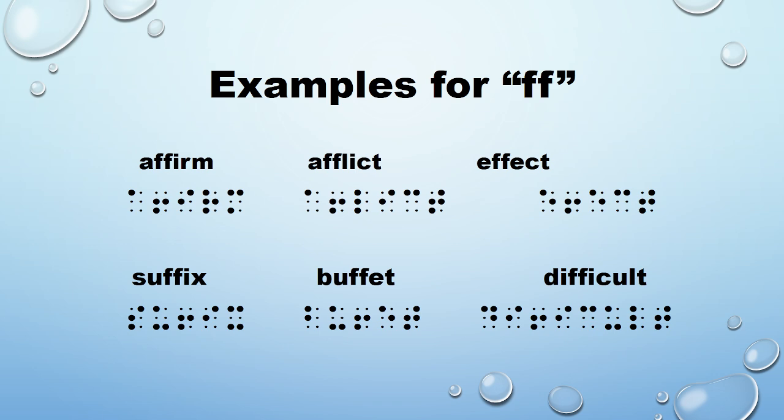Next, we have the word suffix, SUFFIX, so we can contract FF there. Next, we have the word buffet, BUFFET, so we can also contract FF. And then lastly, we have the word difficult. Obviously it has the letters FF there in the middle of the word difficult.